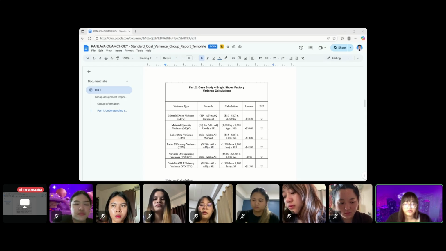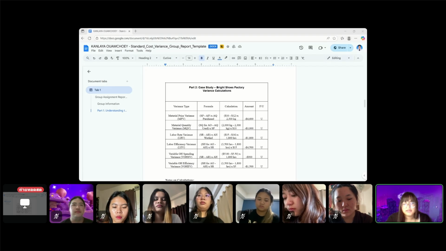The calculation uses the same hours as the labor efficiency variance, with the applied overhead rate: 1,500 minus 1,800, then we multiply by $5. The total is minus $1,500.